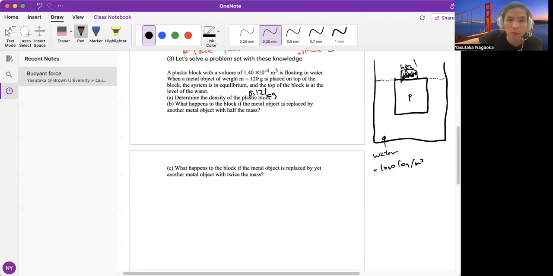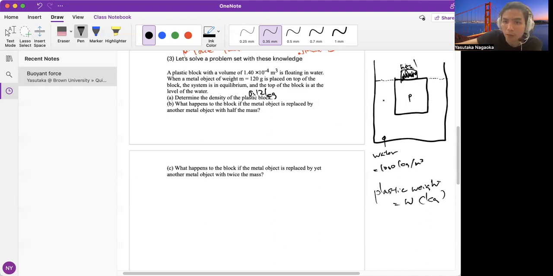Because we know the volume of this plastic block, we need to get its weight here. So let's say that the plastic weight equals W kilograms. And this is what we need to know.